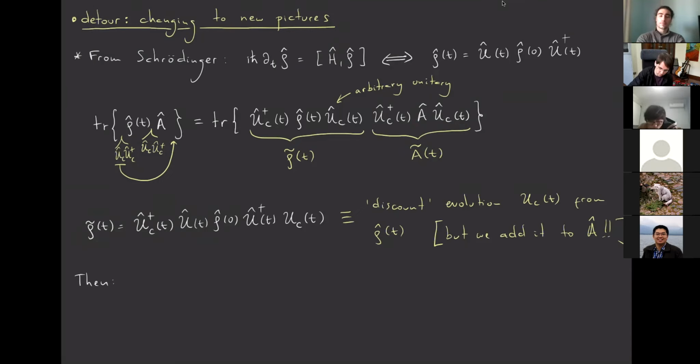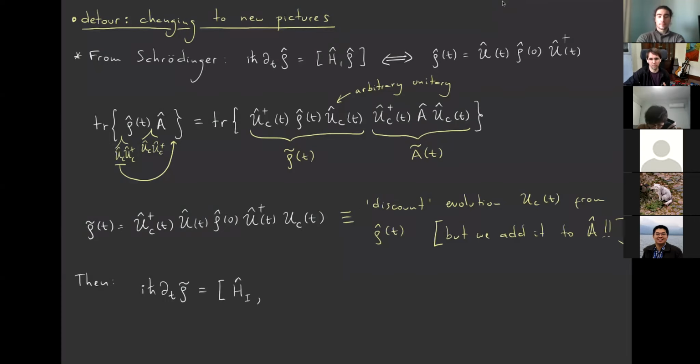So I'll give you first the evolution of the states. In this new picture, you can show very easily, just taking the derivative of this expression here, that the new state, rho tilde, still evolves according to a von Neumann equation, in which we have a new Hamiltonian that we will call H_I.